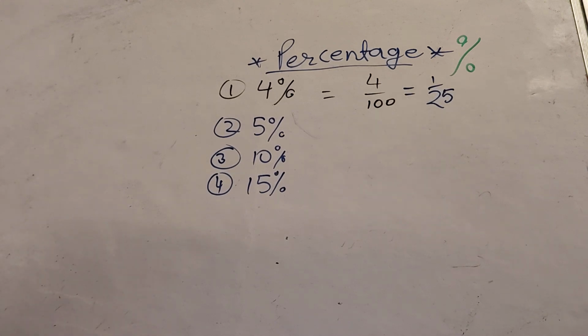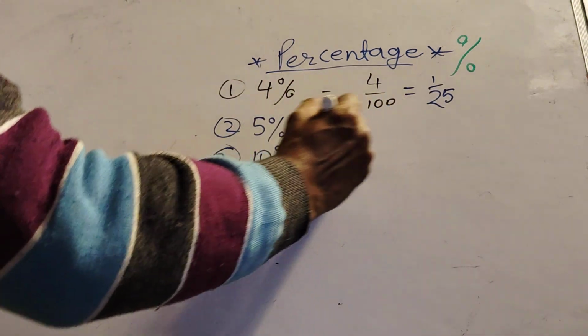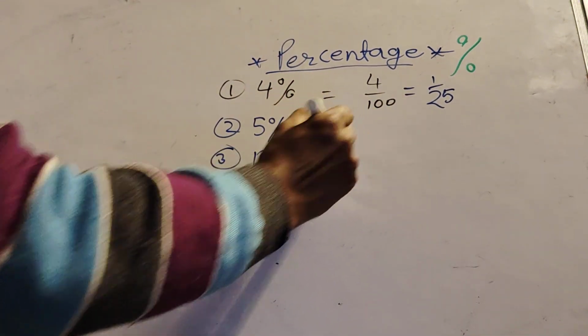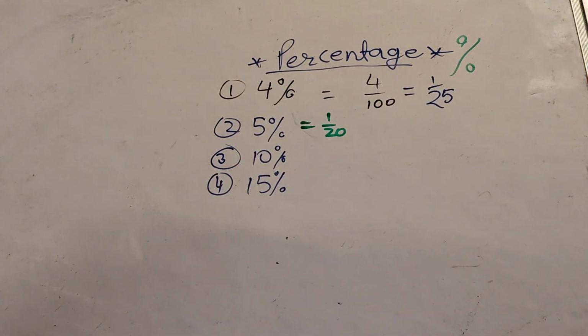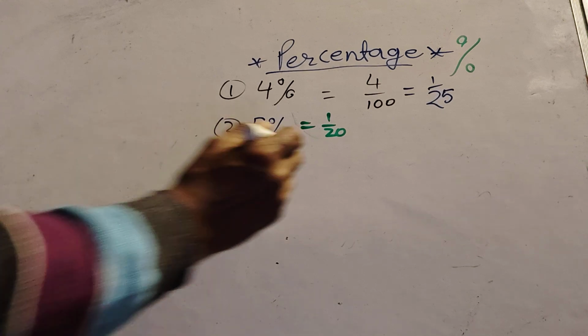Second one is 1 over 20. The third one is 1 over 10.